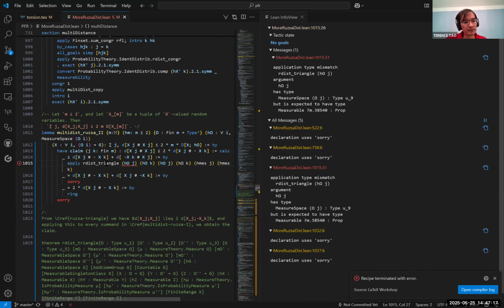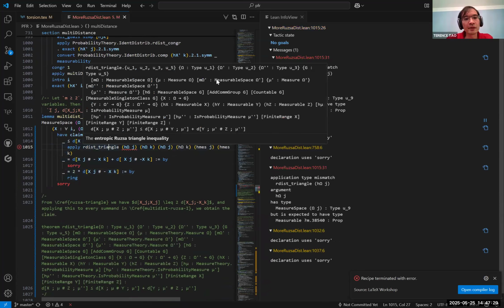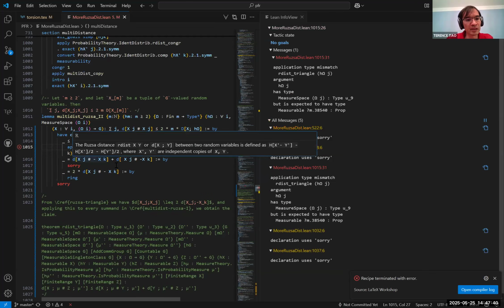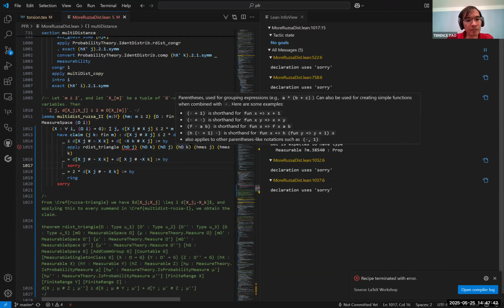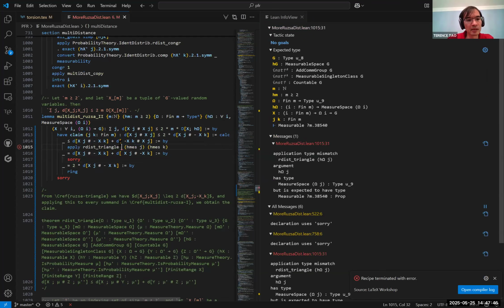GitHub Copilot tried to help us here, so let's have a look at the symbol. We need Ruzsa triangle. The first argument we need is the measurability of the first variable xj. Actually, I think if we just delete these, this might work. Let's see.